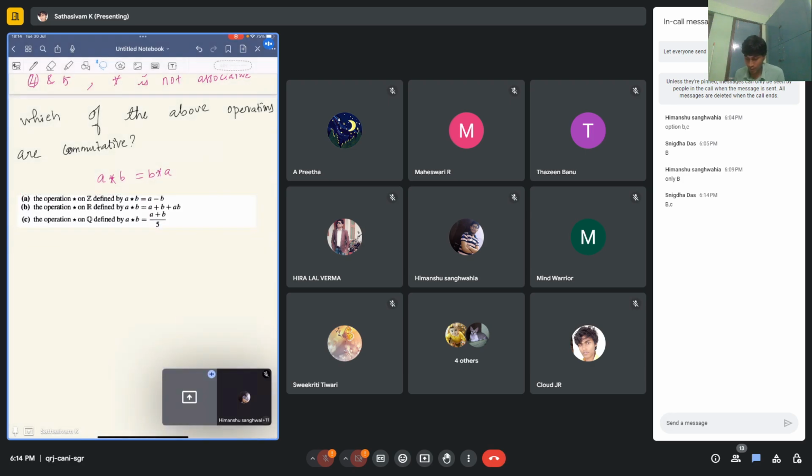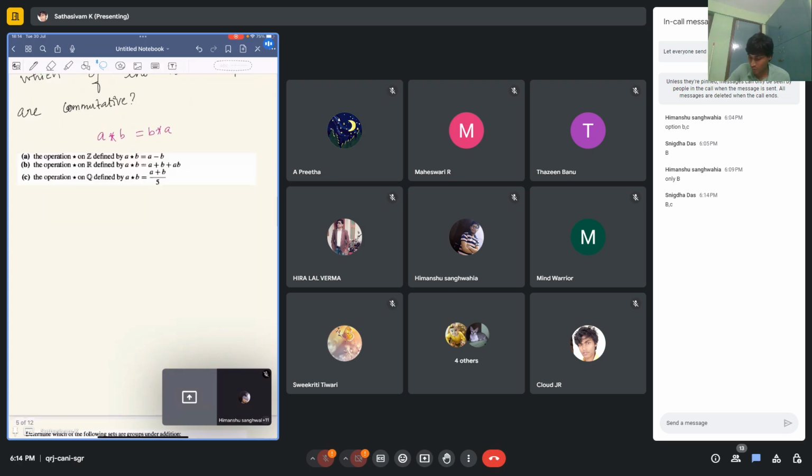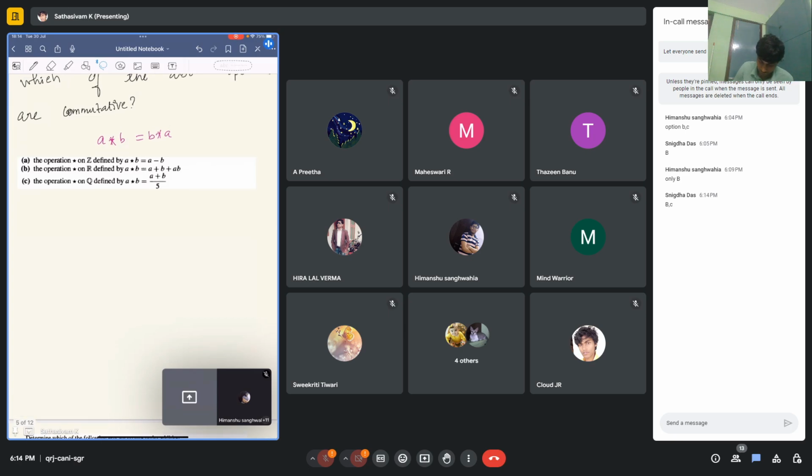Okay, let's check which of the following operations here are commutative. The first one is definitely not commutative, right? So let's do the first one. What is A star B? A star B is A minus B, and B star A is actually B minus A. And you can clearly see these are kind of the inverse of each other and they are not commutative.